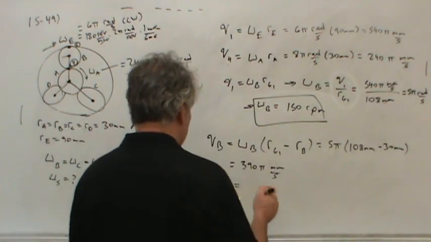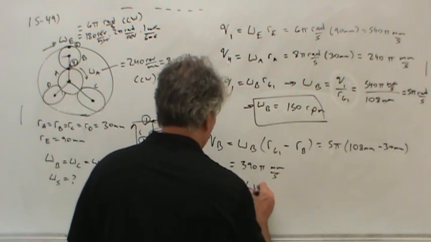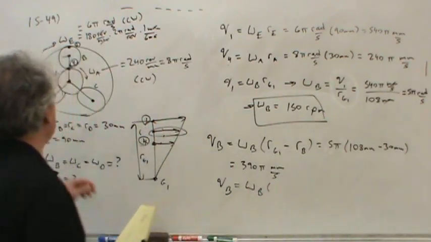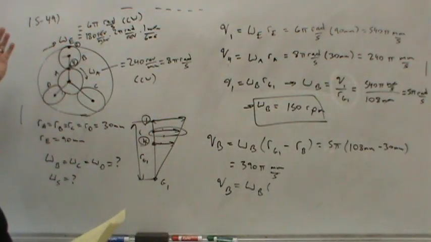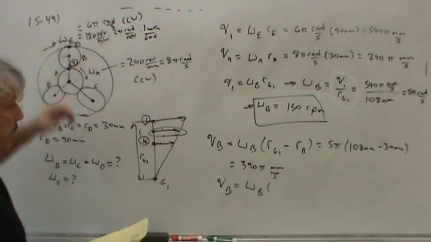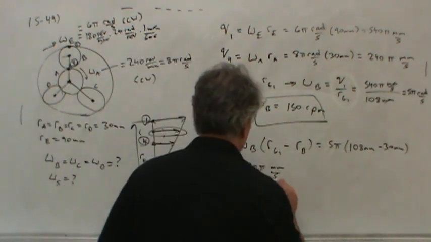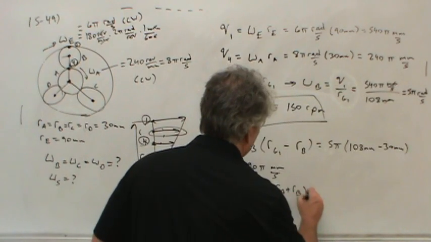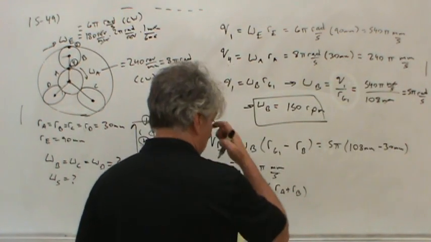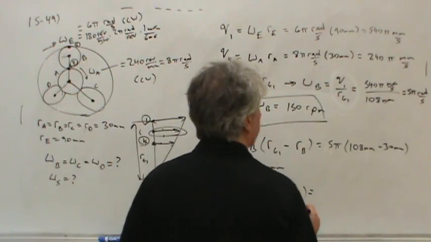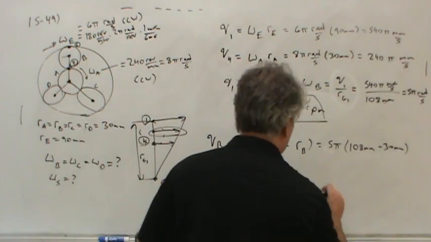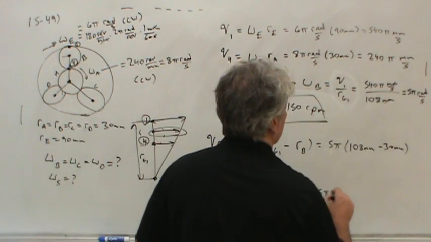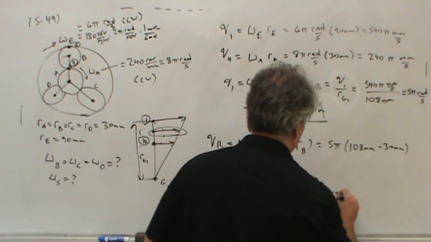Anyway, so VB would be omega B times the distance from here to here. We'll just use 2 times the radii because that's what it is. So 2 times, well, let's just do it this way. Radius of A plus radius of B, which are the same. And then that would be, let's see, angular speed was 5 pi radians per second.